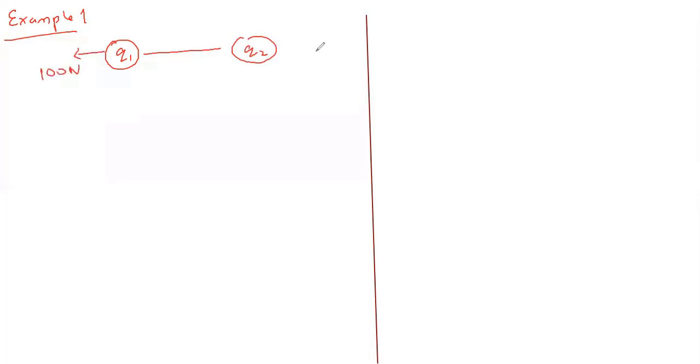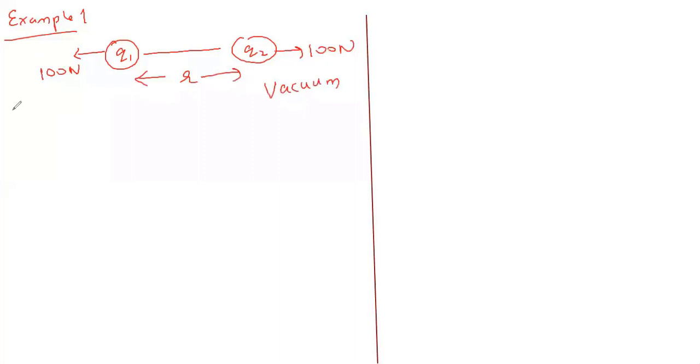So I'm taking some examples. Example 1. Let us say the condition is like this. Q1 charge is given and Q2 charge is given here, and both are experiencing 100 Newton repulsive force, and the distance between them is R, and the whole setup is placed in vacuum.